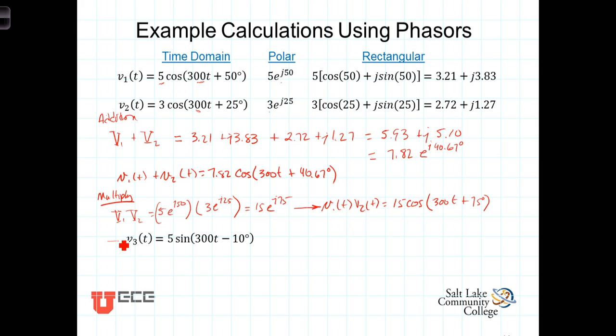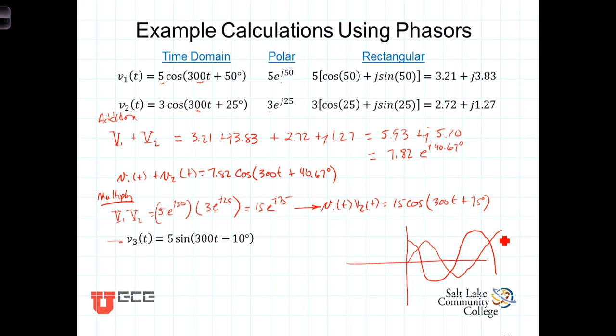It's written in its sine form. So before we can convert it to phasors, we need to translate the sine term into a cosine term. To do that, let's remind ourselves of the relationship between the sine and the cosine. The cosine waveform looks something like this, and the sine waveform looks something like this.